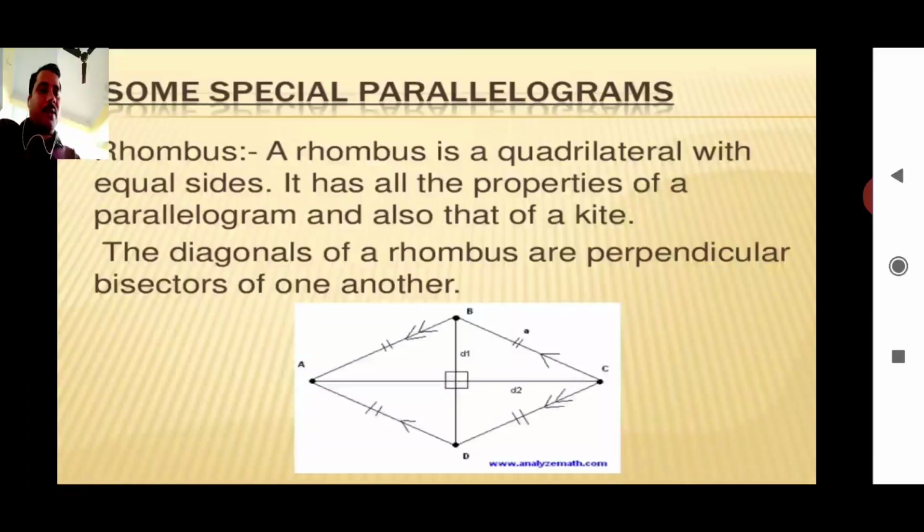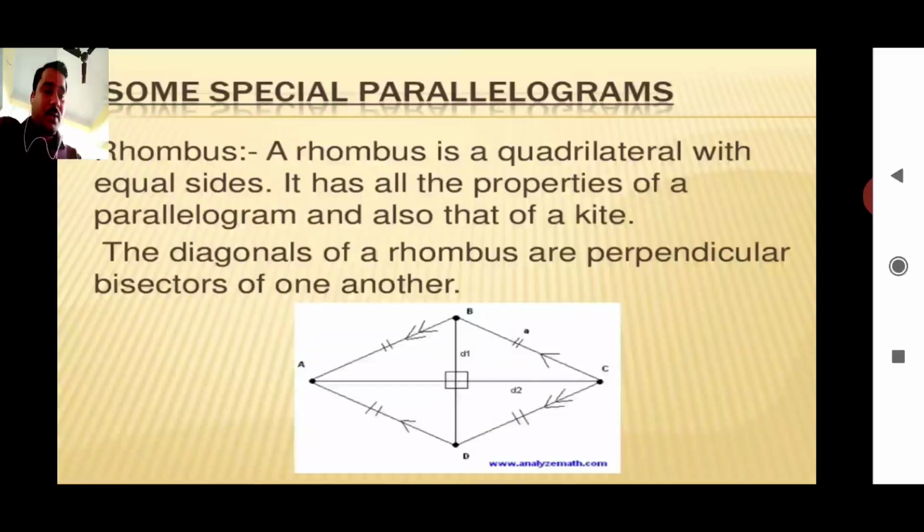The diagonals of a rhombus are perpendicular bisectors of one another. Here, the diagonals of a rhombus are perpendicular bisectors of one another. Note that the diagonals are not equal. Notice here, the diagonals of a rhombus are not equal.